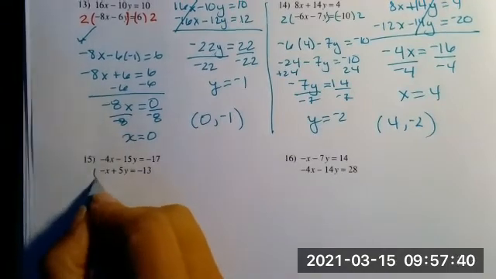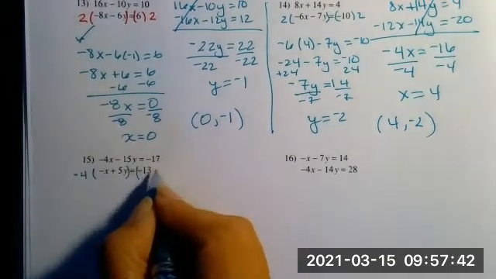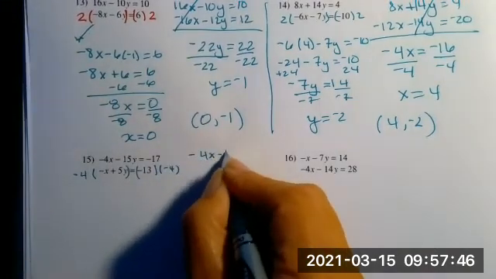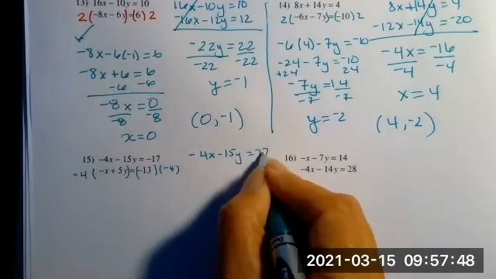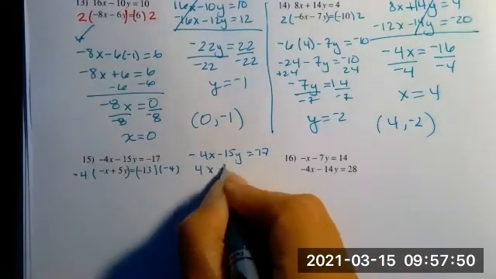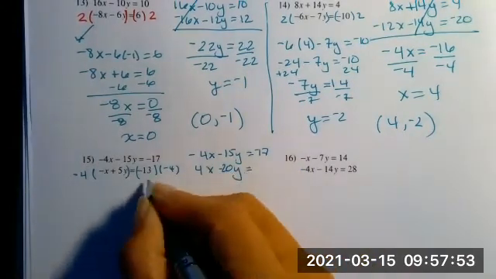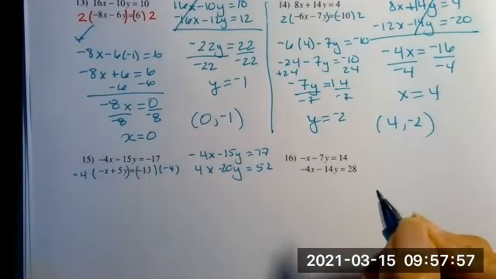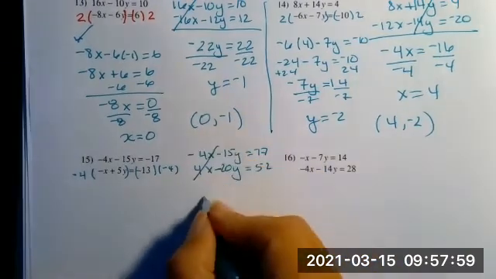I'm going to multiply this by negative 4 because I want opposites. I'm hoping that that'll take care of any addition and subtraction issues. This is 4x minus 20y equals 52. This is going to go away.